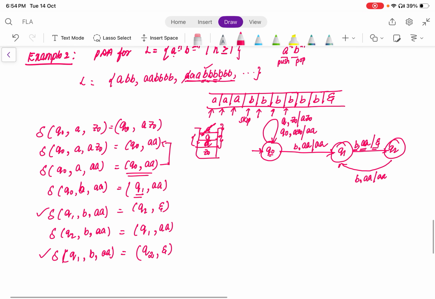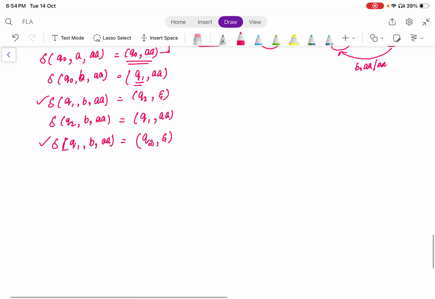Okay, now you are done with this B and you have popped one A. So we are done with the 2nd, 3rd, 4th B. So now we are moving to the fifth B. Okay, so Q1. So for the fifth B, you don't have to pop anything, just skip or read.